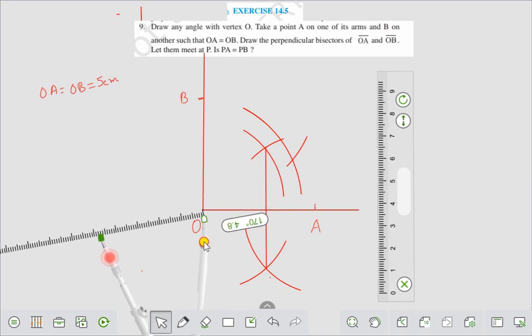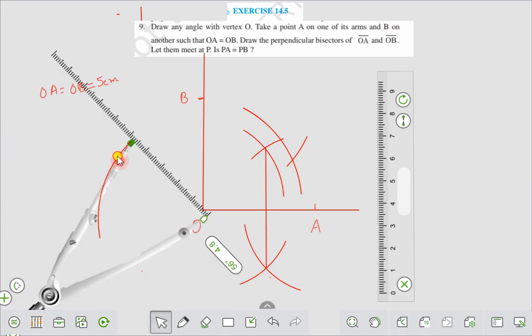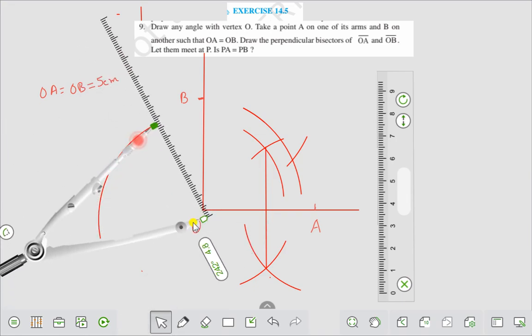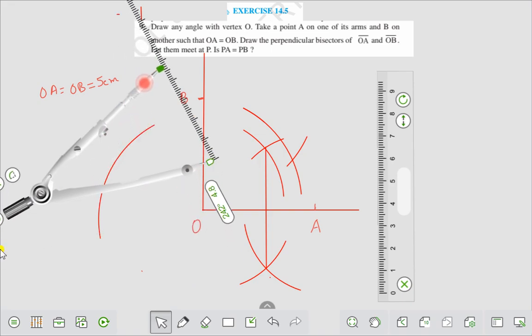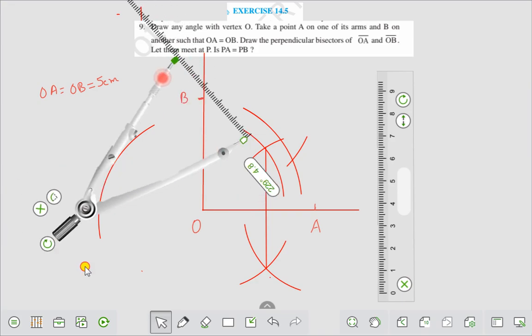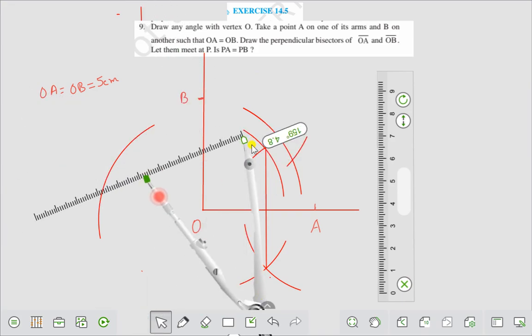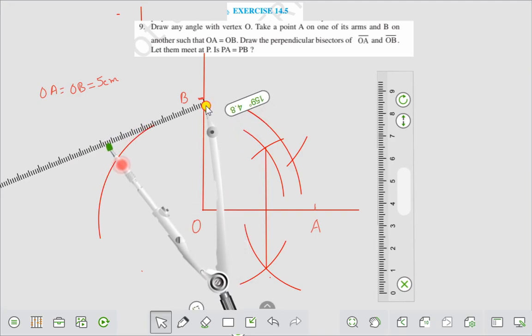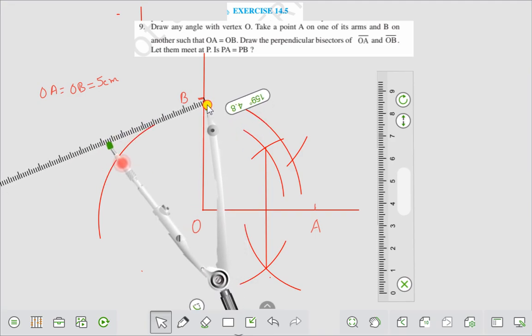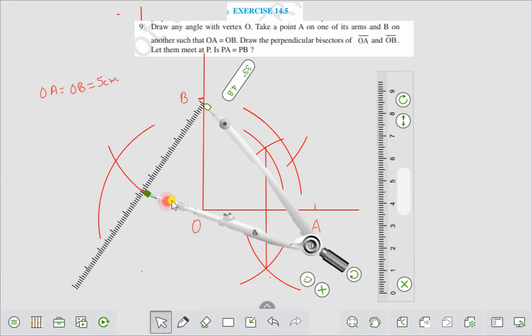This is point O. Draw another curve, right? And take the pointer at point B and draw another curve, right?